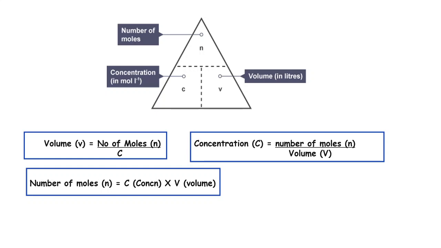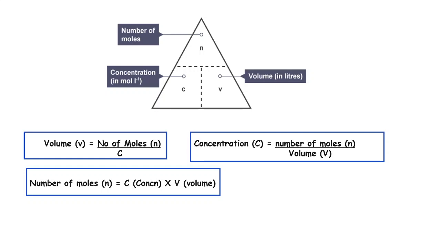First of all, we have a simple triangle that simplifies the relationship between the number of moles, concentration, and the volume. Since the number of moles, n, is above the C and V, if you divide the number of moles by any of them, you get the other.